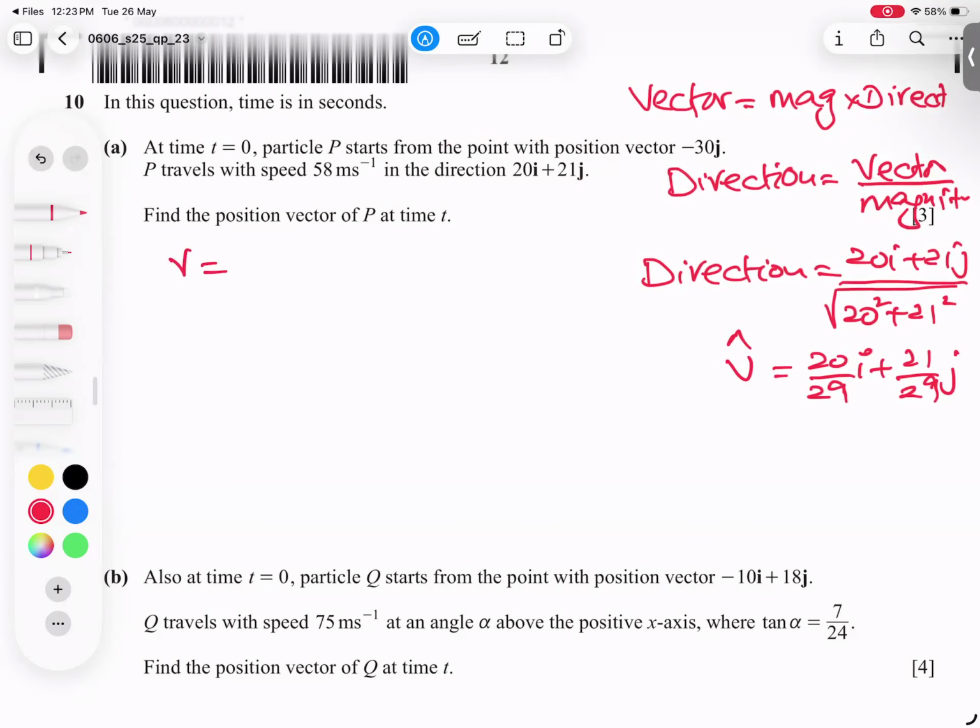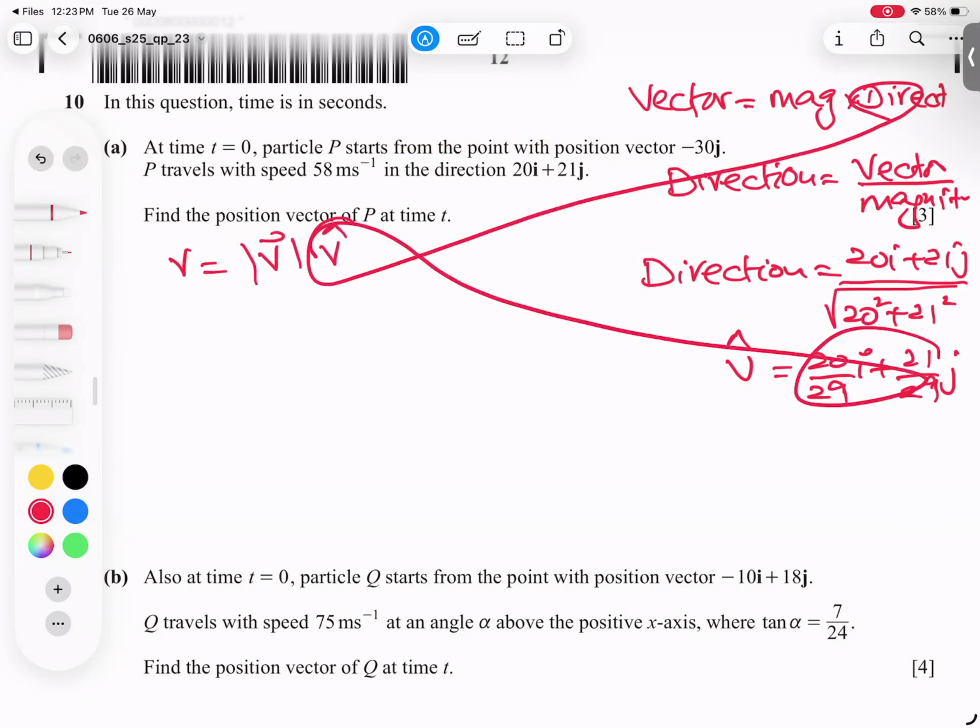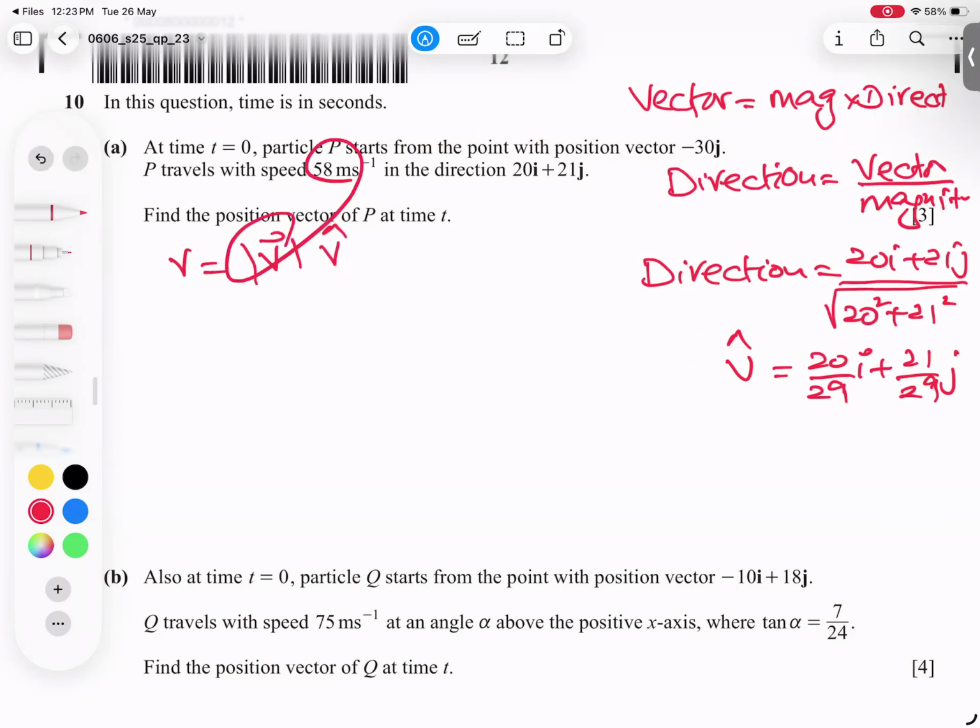The formula is velocity equals magnitude into direction, same as before. Directions come from here, and magnitude is here. Basically, speed is the magnitude of velocity. So I'm going to copy this value here.